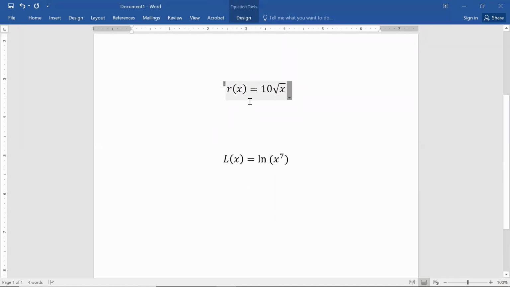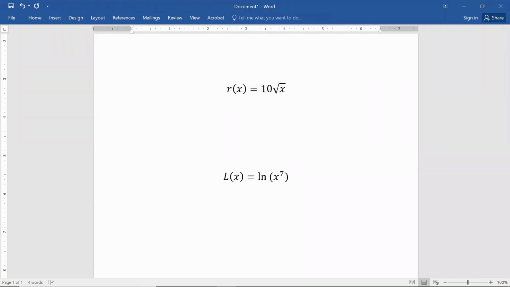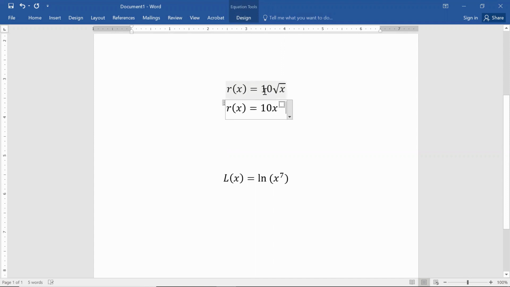Knowing that, we can move on to this r of x. Now, I'm going to write the rewrite of r of x underneath. Notice that my r of x is still r of x, not r prime. So I got 10 times square root of x. Well, the square root of x is x to the 1/2 power.